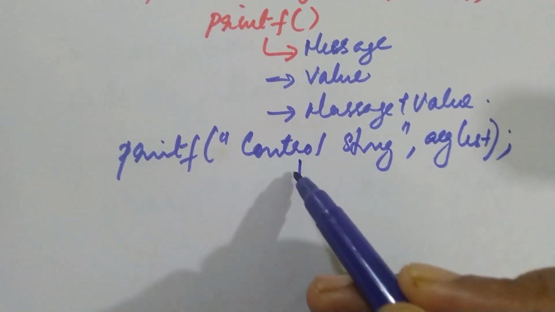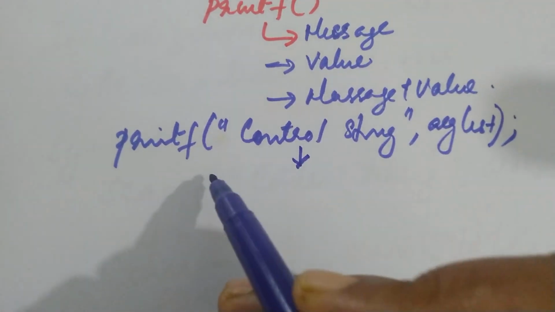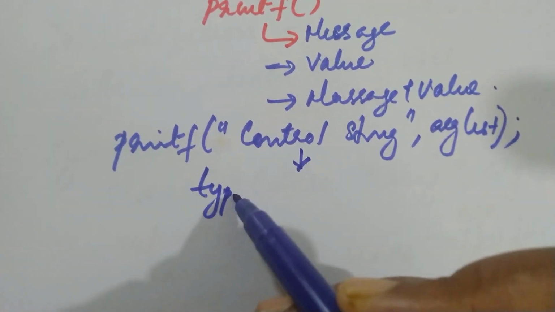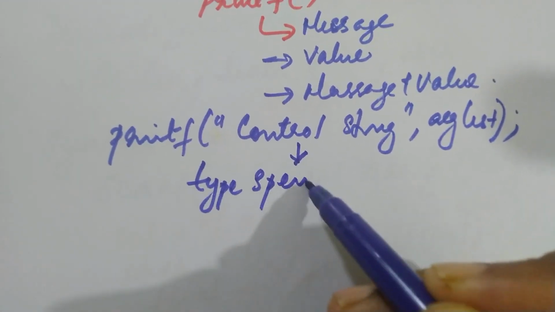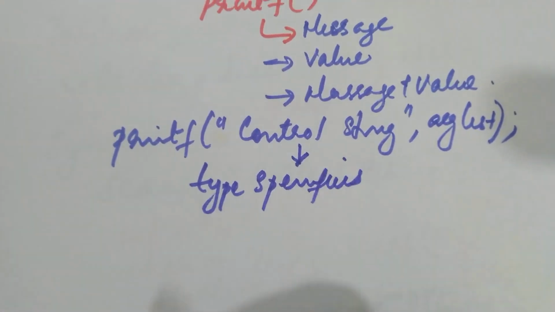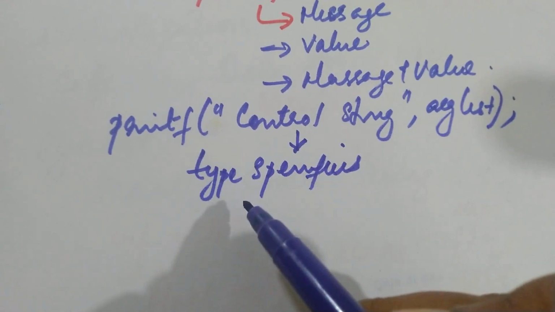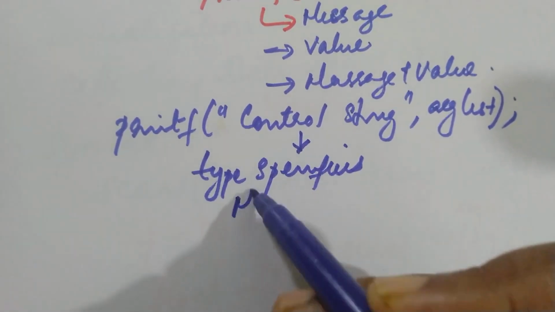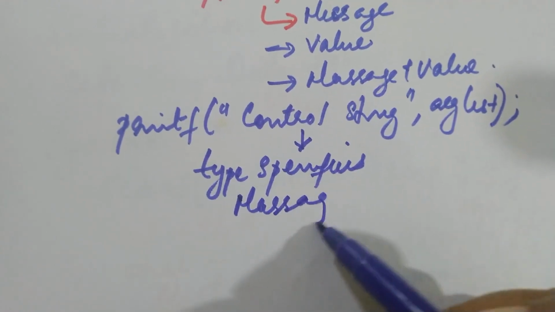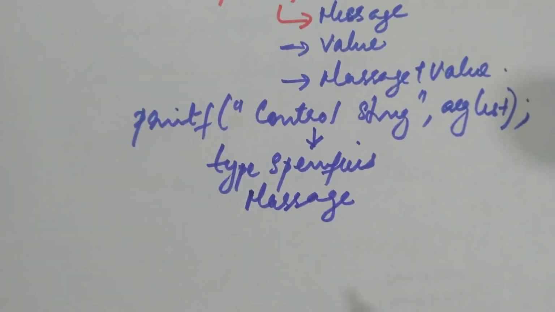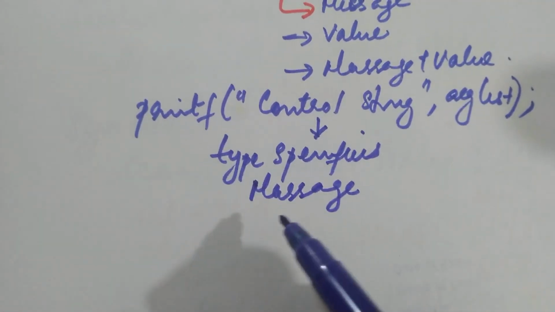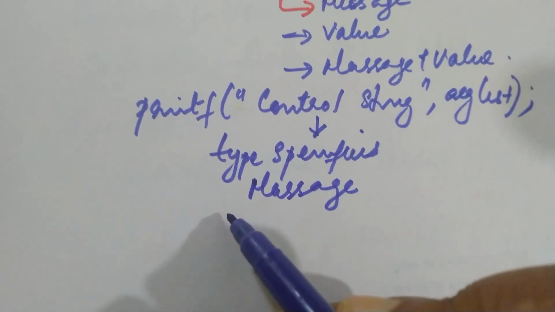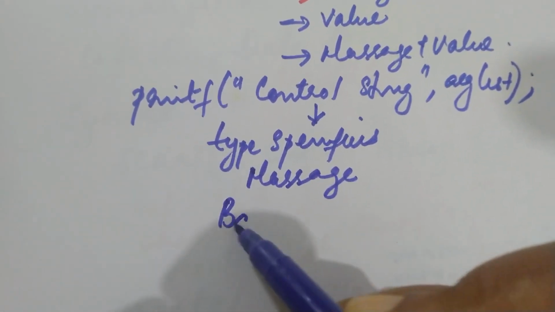Here the control string may contain type specifiers and also the prompt messages or strings which are to be printed on the screen, and also it may contain some backslash character constants.